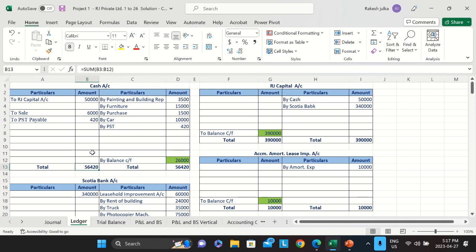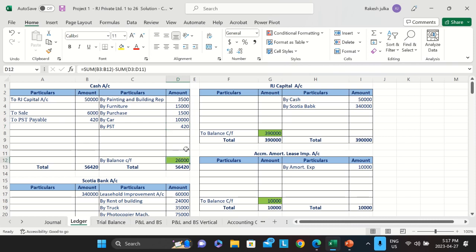Total we have received 56,420. Then we made some expenditure like painting and building expenditure by cash. Furniture we bought by cash. Cash has gone down 1,500 for purchase. Car we bought 10,000, and PST that was due is also paid by cash. So this is the remaining amount available in our business.